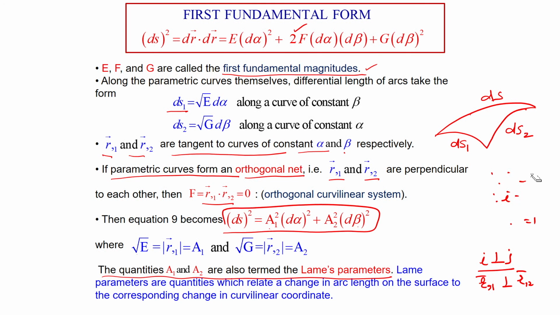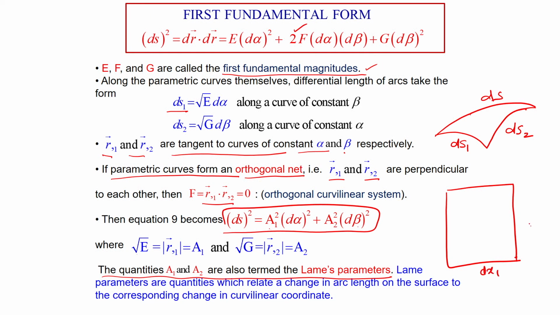Why do we call them distortion parameters? You see, if it is a flat case, let us say dx1 and dx2. Now, you are saying it is slightly modified like that. So, we are interested in this change, basically the change in arc length along S1 and arc length along S2.